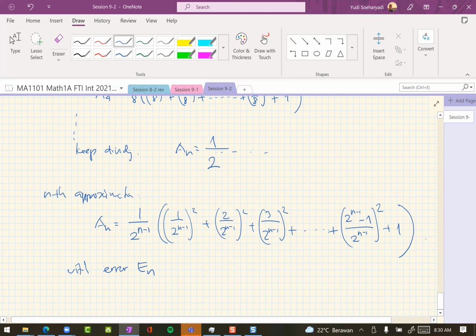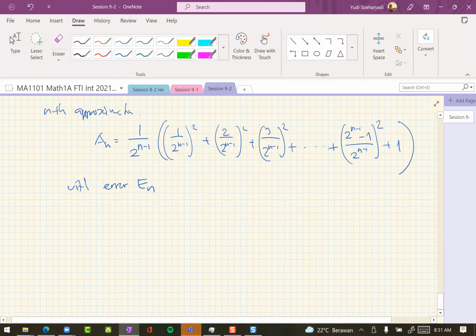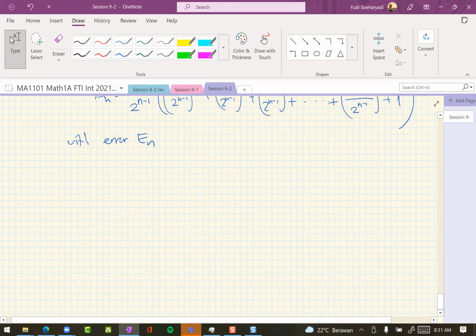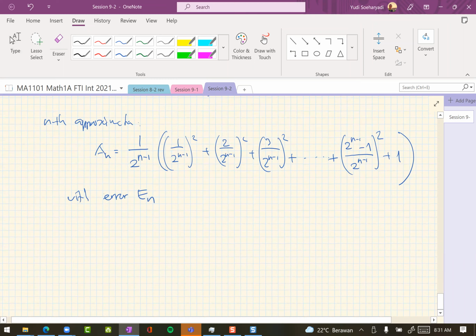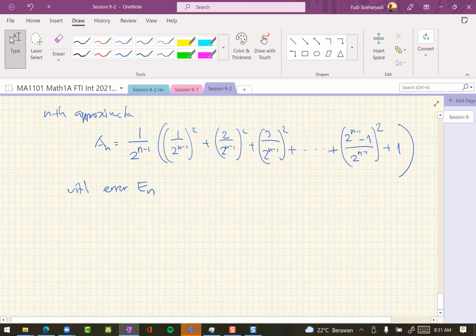Not complicated, but for a computer, this is easy. You just need to program, and then you get the numbers. All right. So that's basically the idea. Okay. Let's do something a little bit that we can compute here. We can compute explicitly because with this one, it is not difficult yet, but let's see how we do this one.